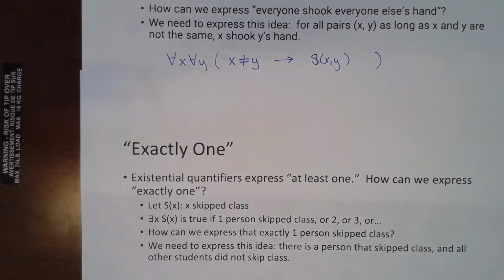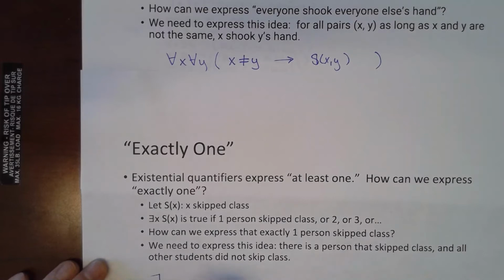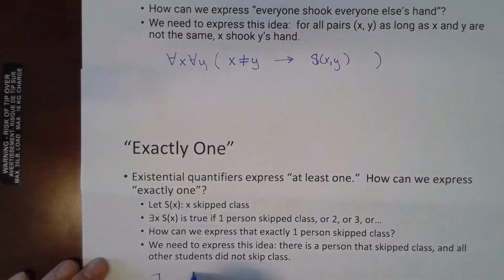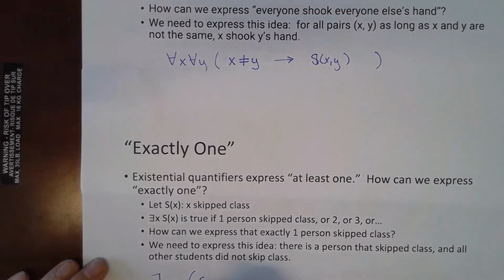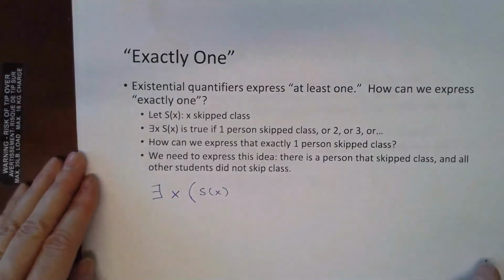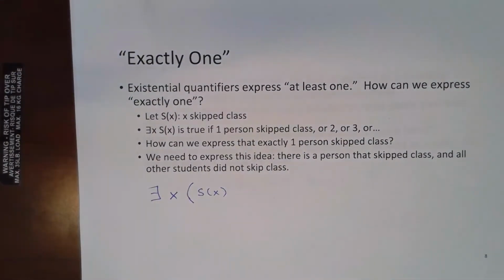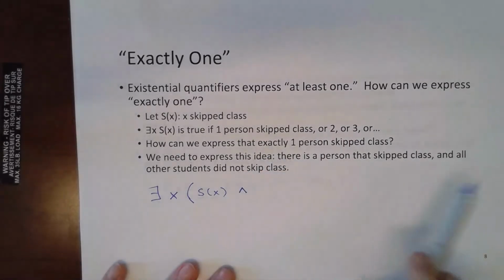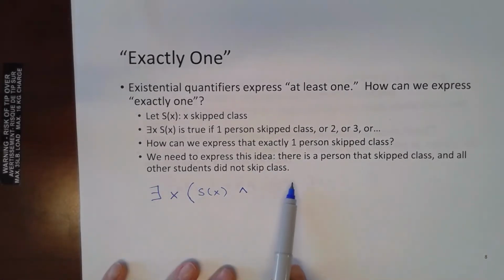I have to doctor it up in some way to get the idea that it only happened for one and nobody else. So the idea that we're trying to get across here is there's a person that skipped class and all the other students didn't skip class. So definitely there exists a student x, and that person skipped class, and all of the other students did not skip class.